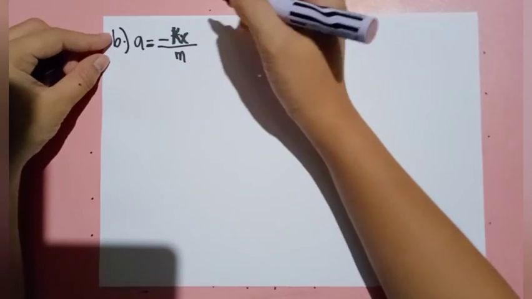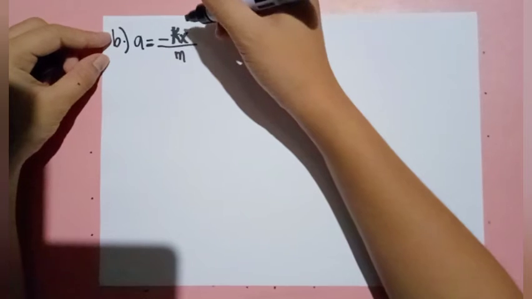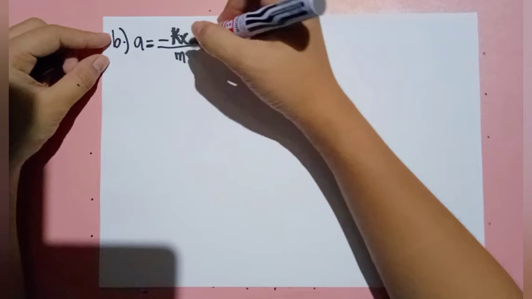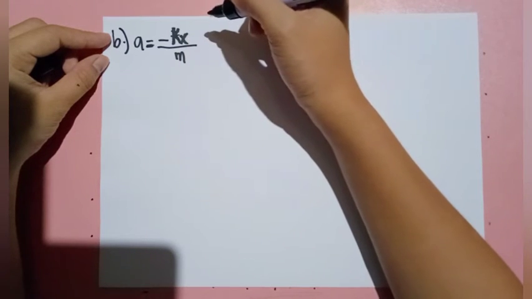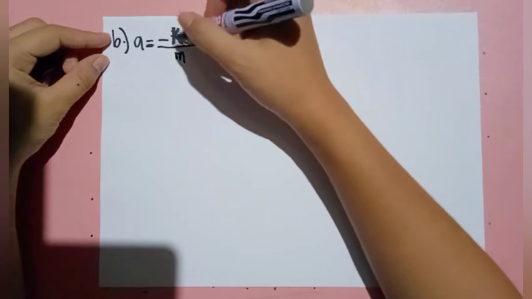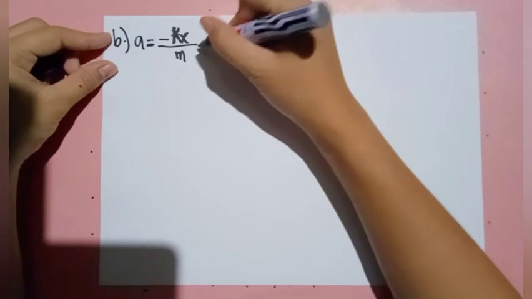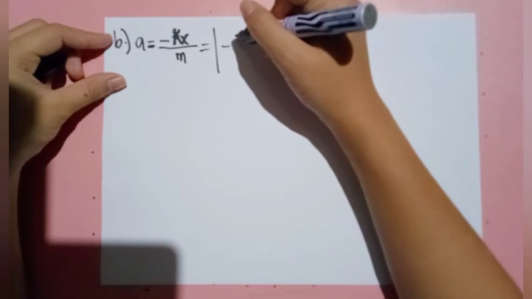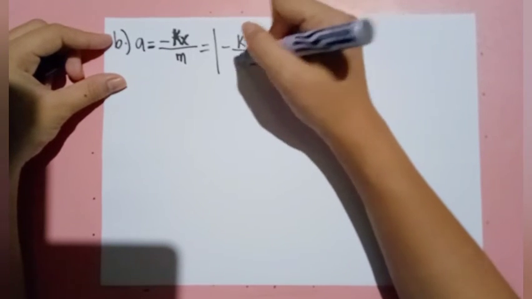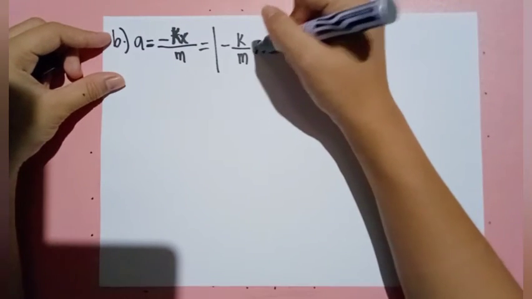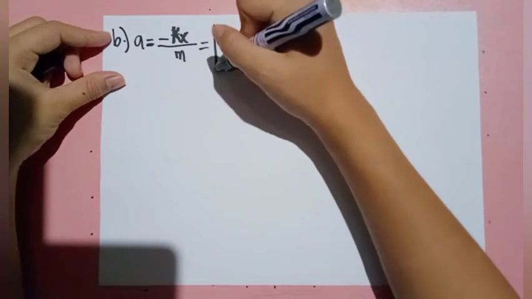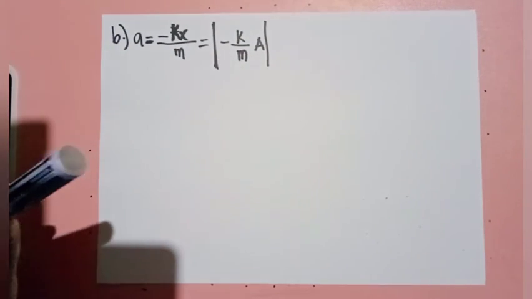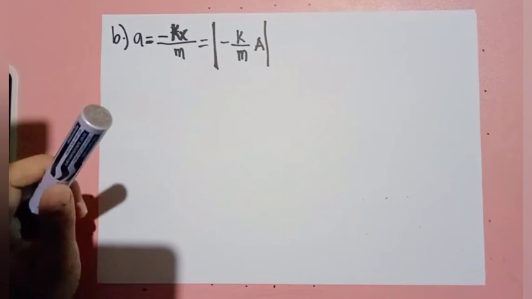But before that, we have to treat x as A, because it is said to be at its maximum, meaning it reaches the value of A. So absolute value of k over m, and then x is equal to A. So we are going to use the value of A, which we have obtained from our calculation a while ago.